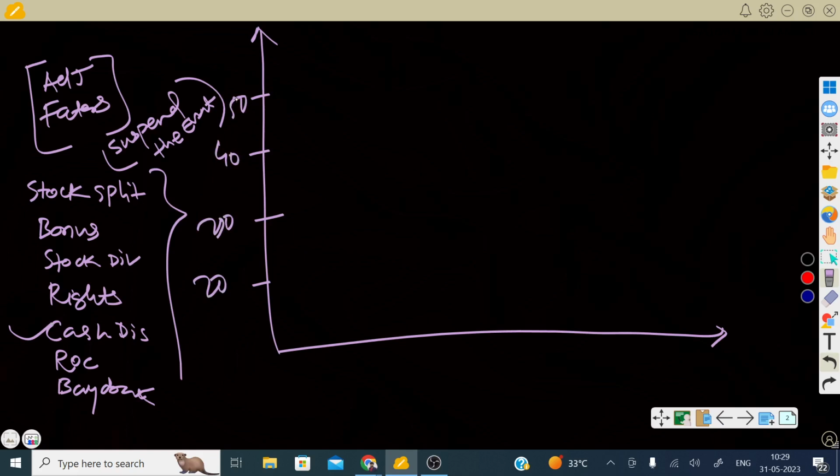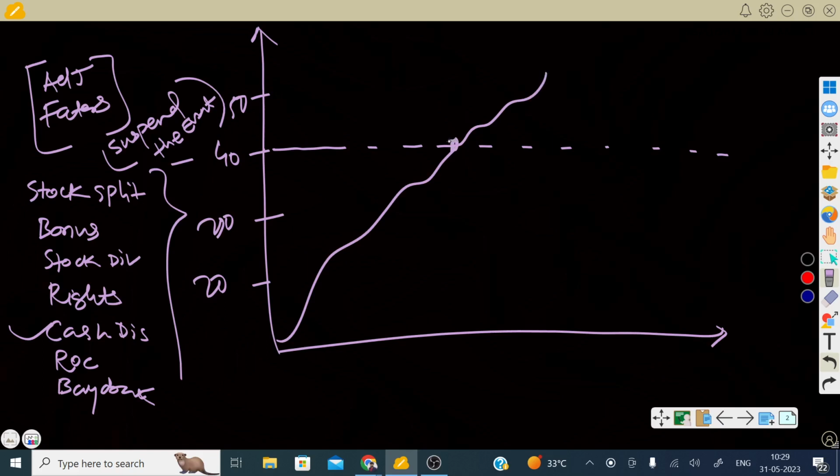Let's assume you have entered into the contract at this price, and once you entered here, the company announced a dividend of 10.